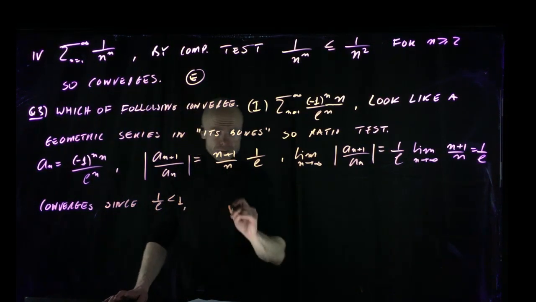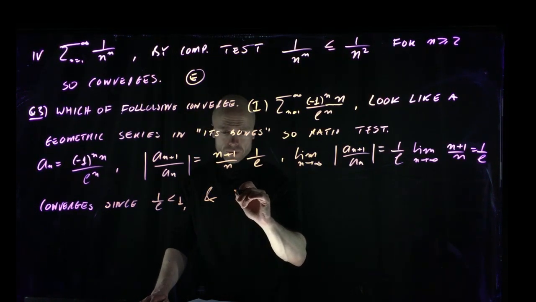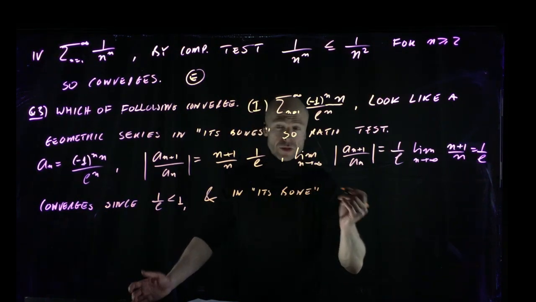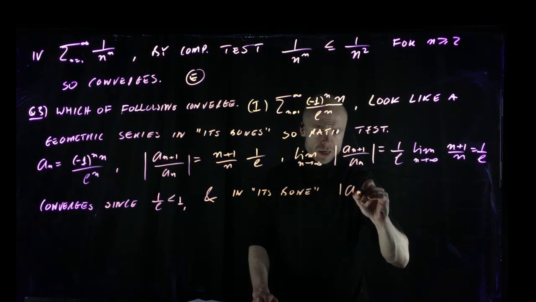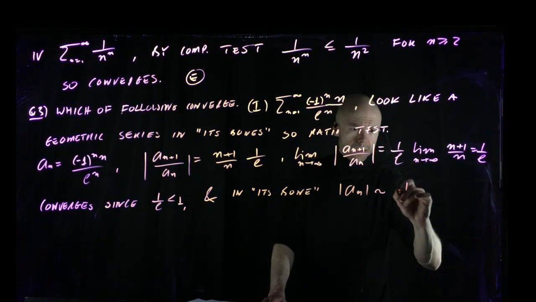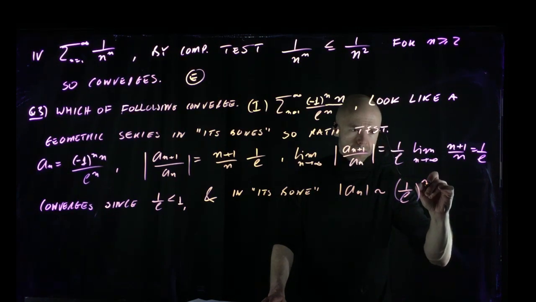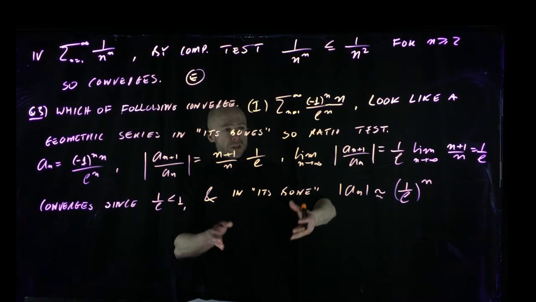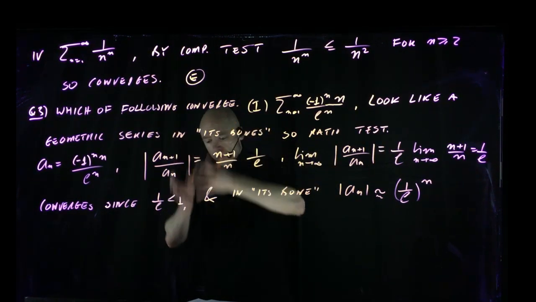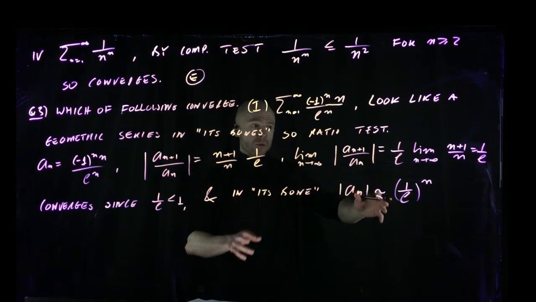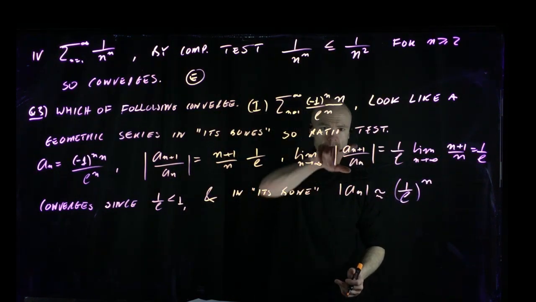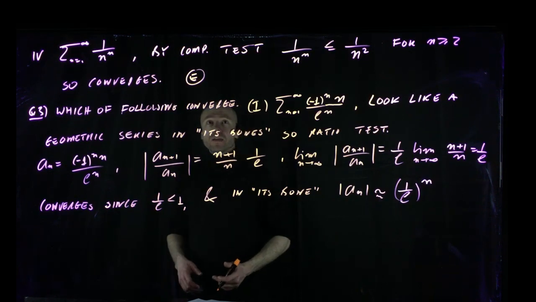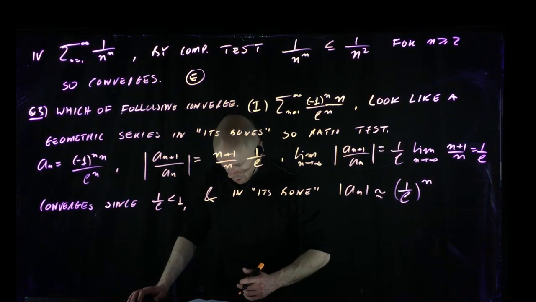In its bones, this guy, or the absolute value of this guy, is kind of like just 1 over e to the n, because to get from the nth term to the (n+1)th term, you're just basically multiplying by 1 over e, right? That's what this thing says. So this is basically like this geometric series, and it converges. Cool. So that's the first guy.